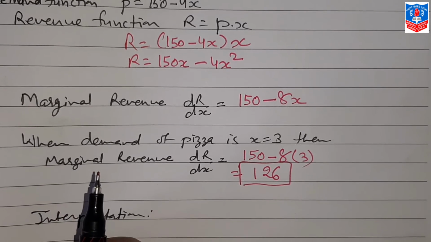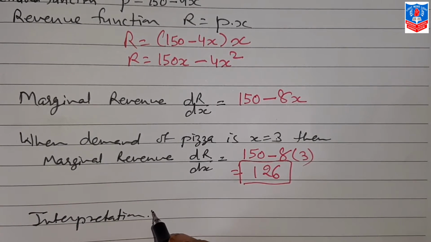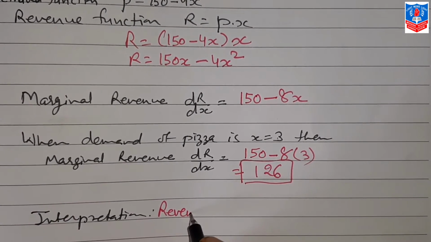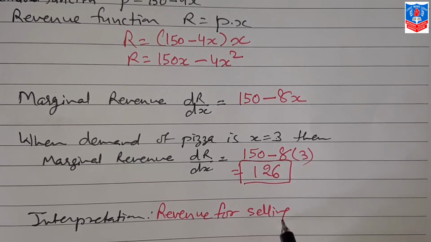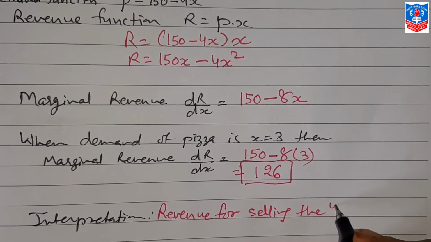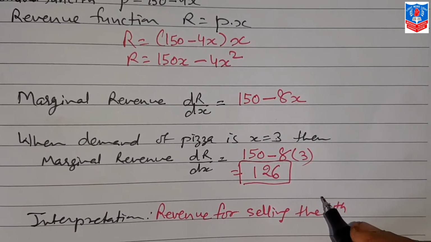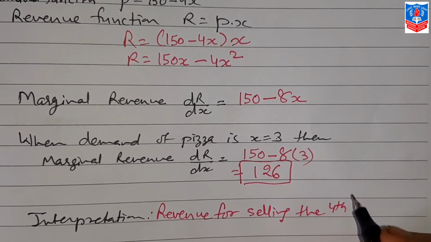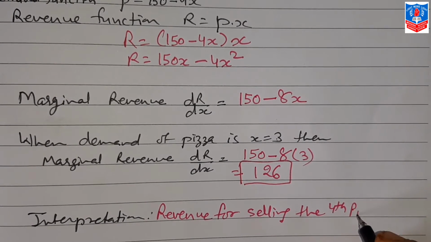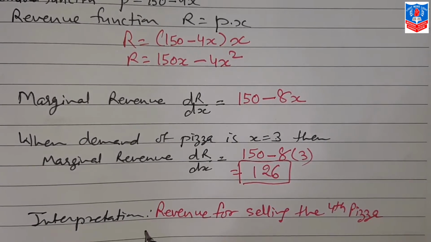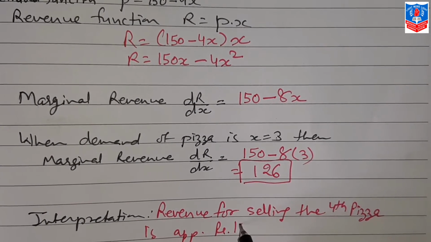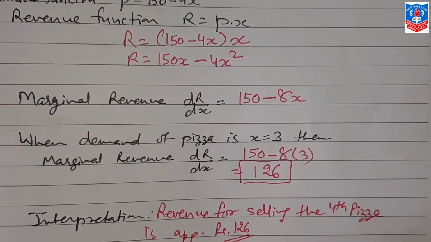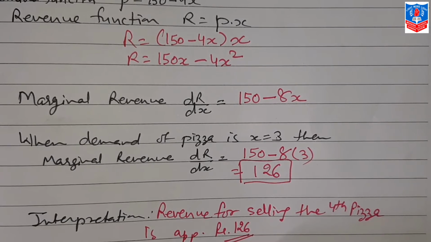Now in interpretation we write that the revenue for selling the fourth pizza, because this is given for 3 pizzas since X is 3, is approximately rupees 126. So this is how the sum is to be solved.